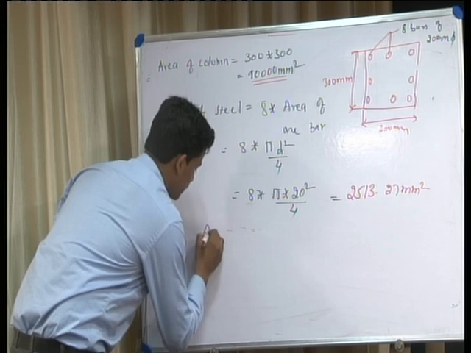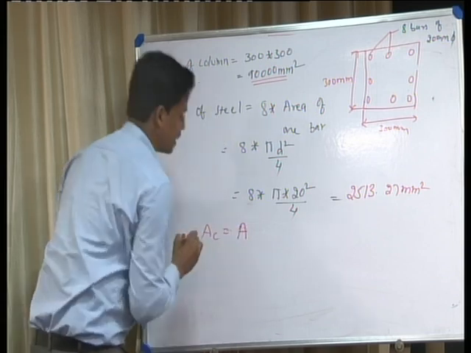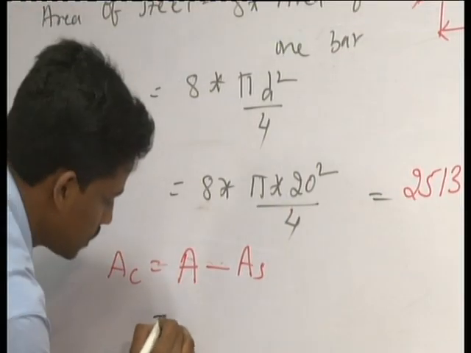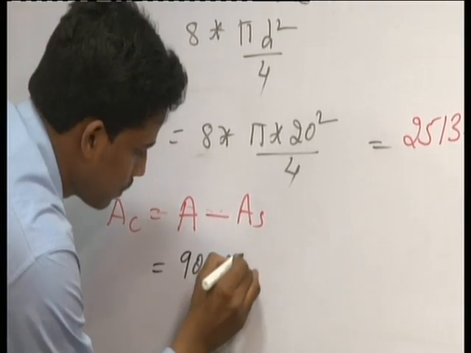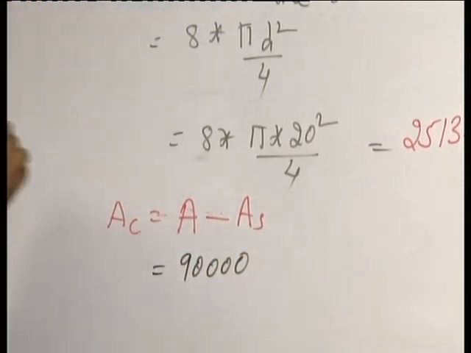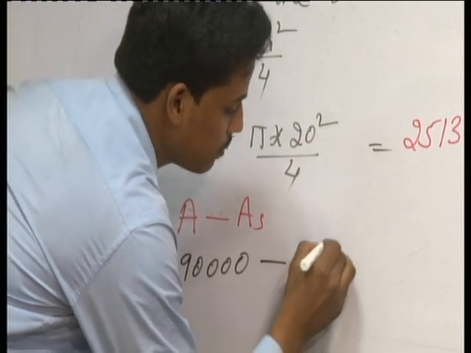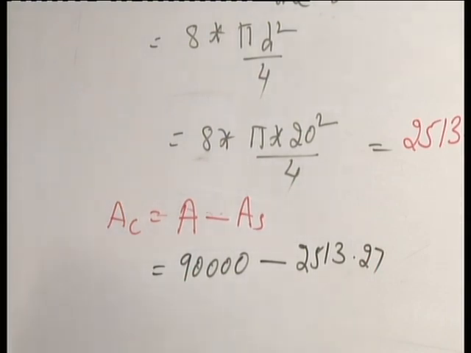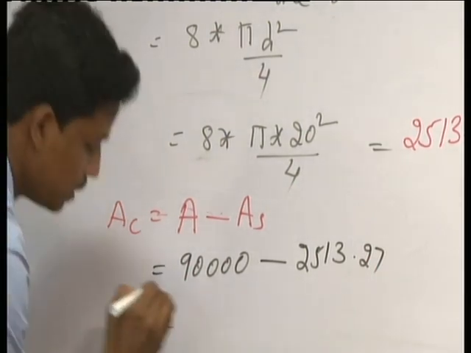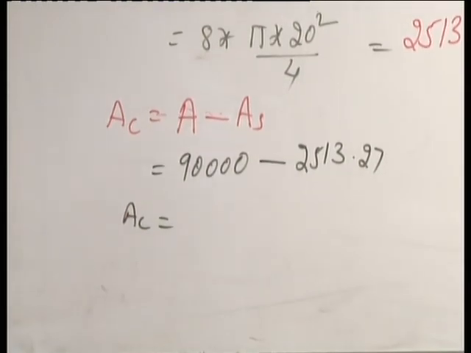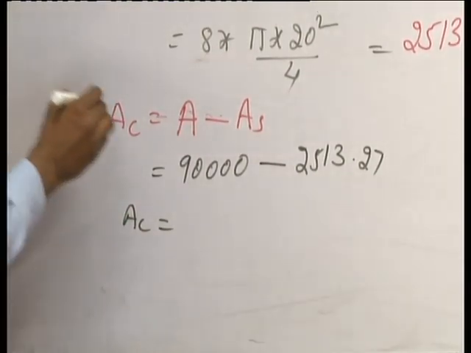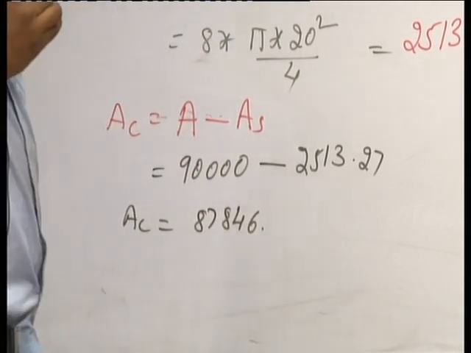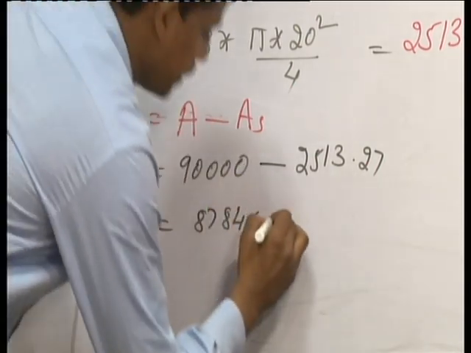So area of concrete Ac is equal to the total area of the column A minus As. We know the total area is 90,000 minus the area of steel, 2513.27, and we will get the area of concrete as 87486.73.